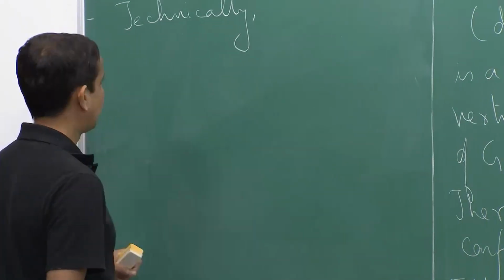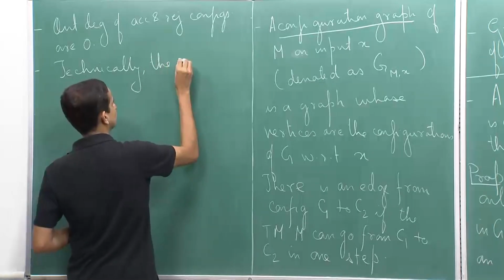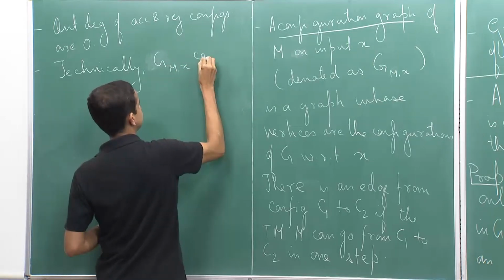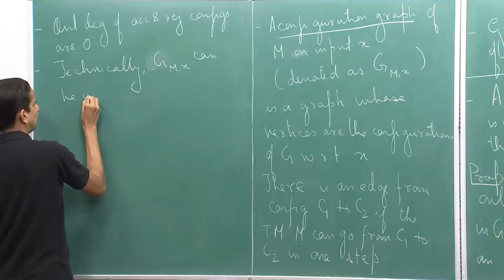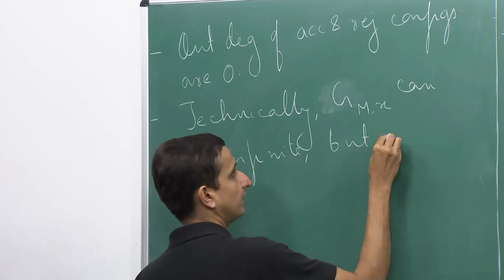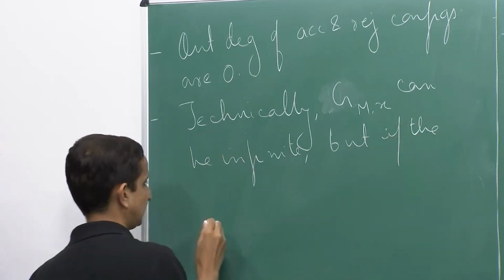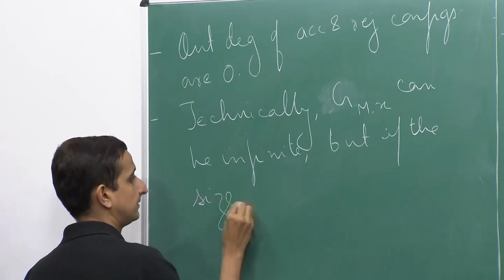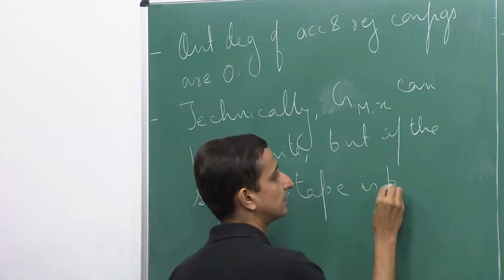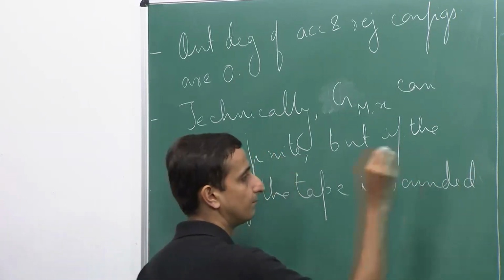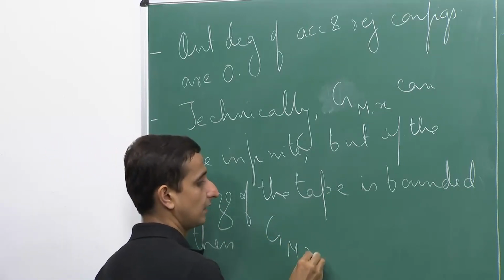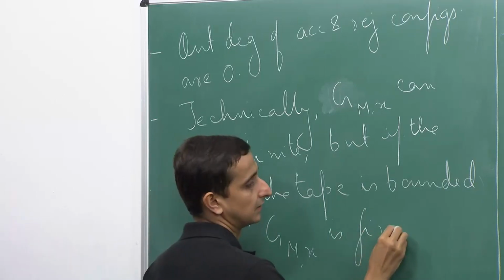So, technically GMX can be infinite, but if the size of the tape is bounded, then GMX is finite.